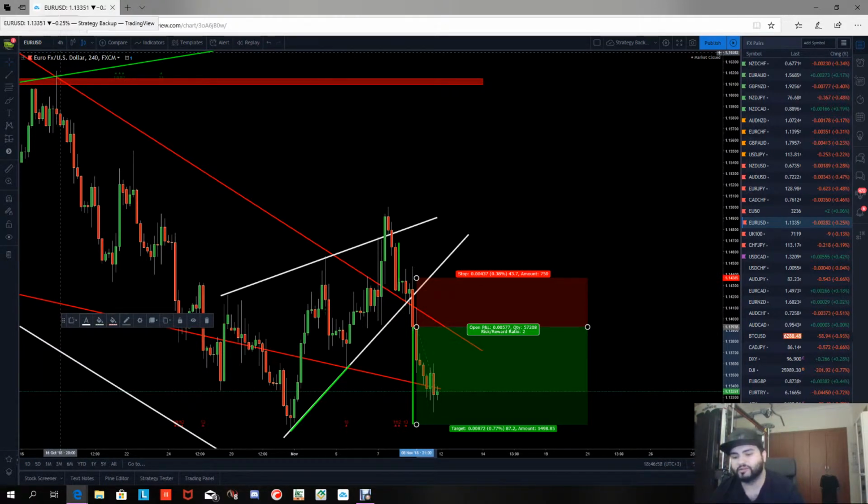What the TD Sequential does is count candles to the number 9 and the number 13. There are 2 parts of the TD Sequential. One is called the setup, where price reaches the count of 9, and one is called the countdown. Now I'll be discussing only the setup here.